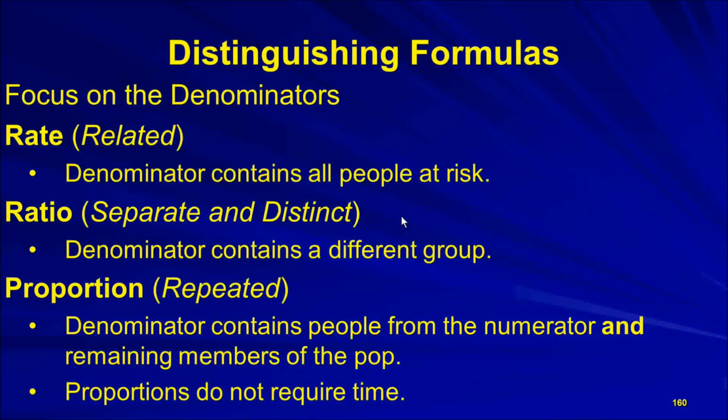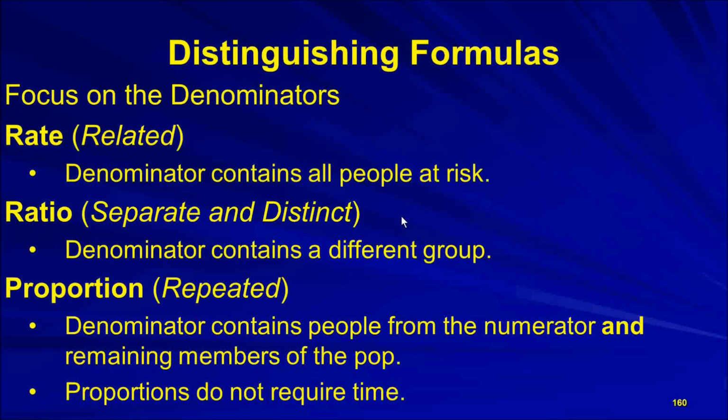Now let me talk about a proportion. Now, what you're going to note with a proportion in the numerator, what you have there is the first value that's repeated in the denominator. Okay? And it says the denominator contains people from the numerator and remaining members of the population.